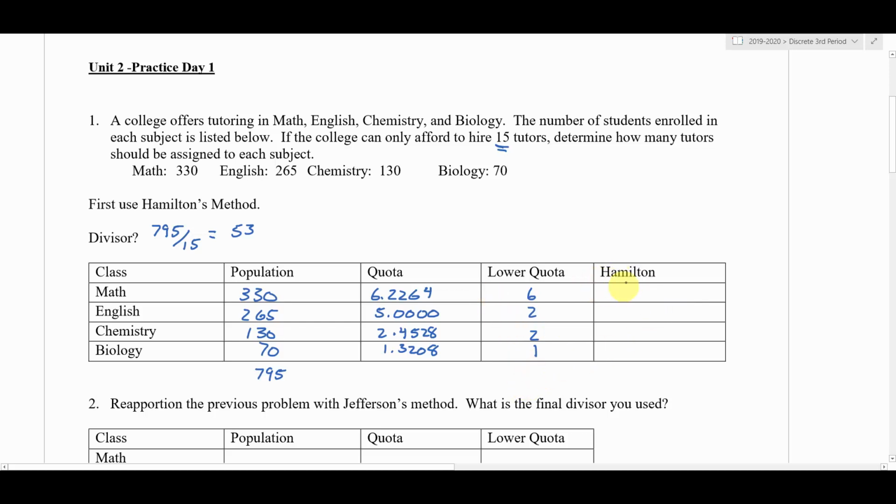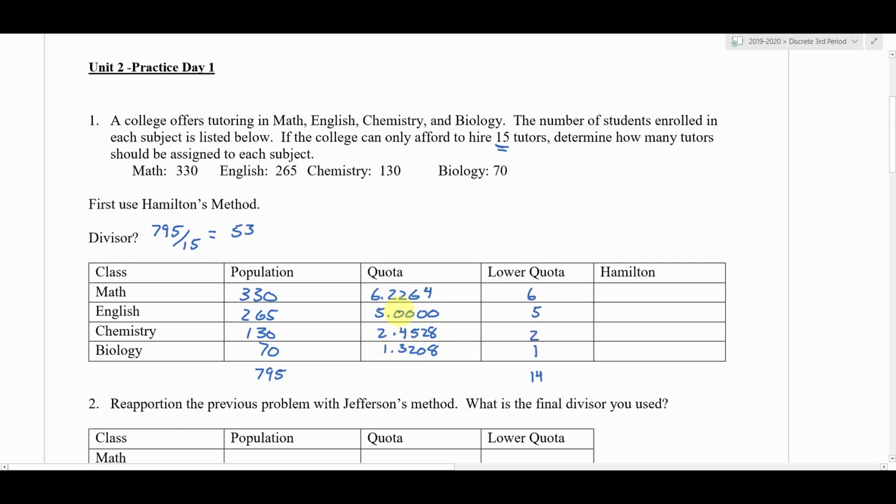Okay. Now, we would add those up. Oops, and I wrote something wrong here. We would add up those lower quotas, or those initial quotas, and we would see how many we have, right? So 6 plus 5 is 11, 11 plus 2 is 13, 13 plus 1 is 14, but we need to apportion 15, so there's one bonus tutor, and the bonus tutor is going to go to the one who has the highest decimal portion after the whole number.